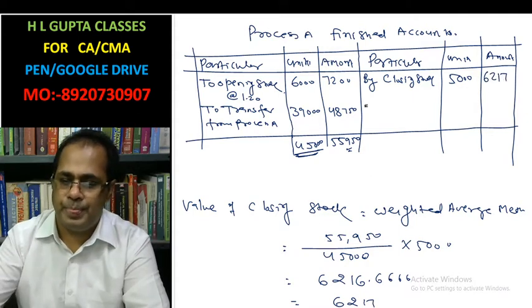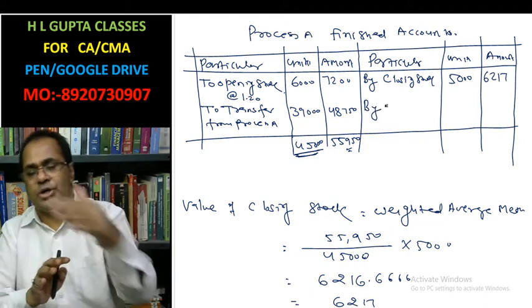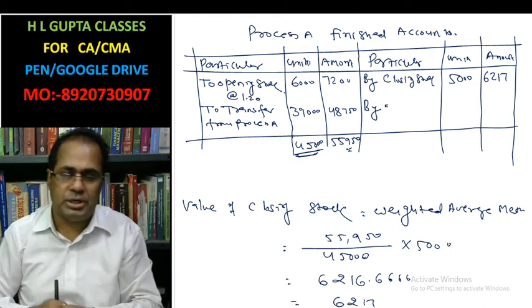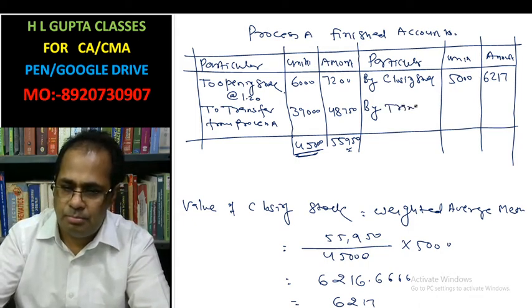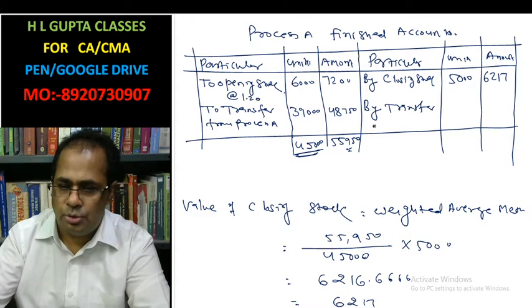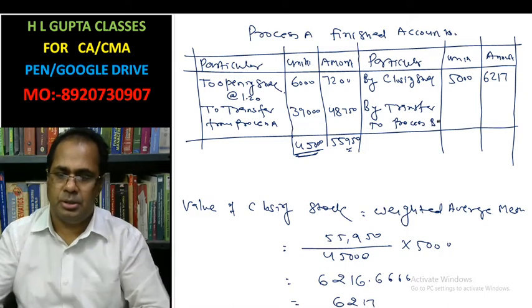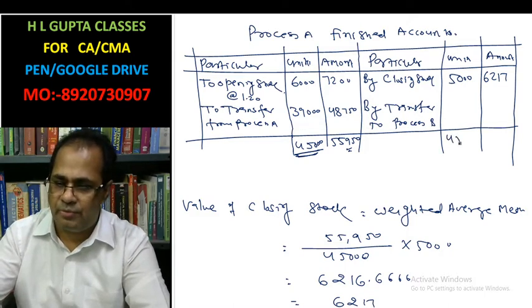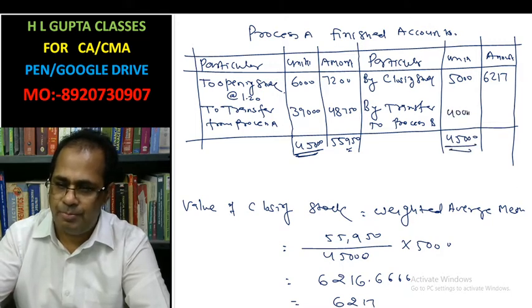6,217. Now, from this finished goods you will transfer to process B. Transfer to process B. Then this is the 45,000. You will transfer 40,000. This is 55,950.